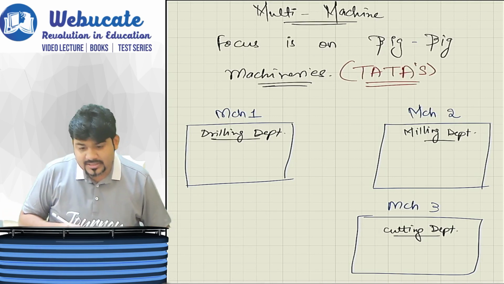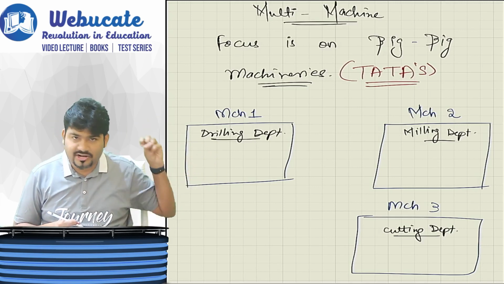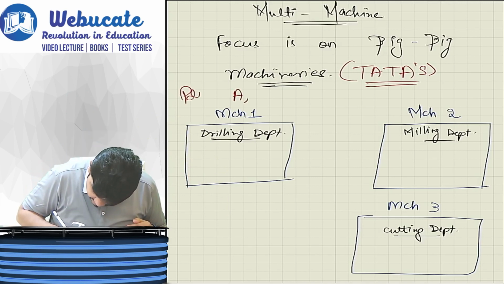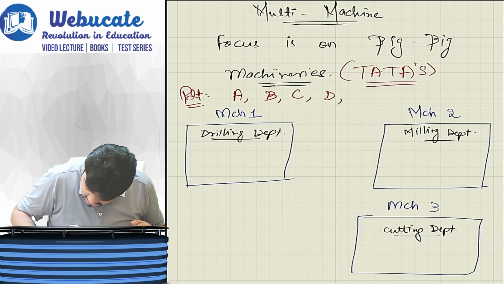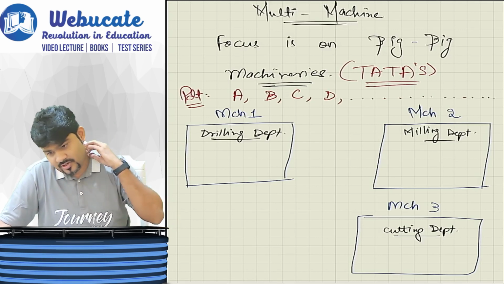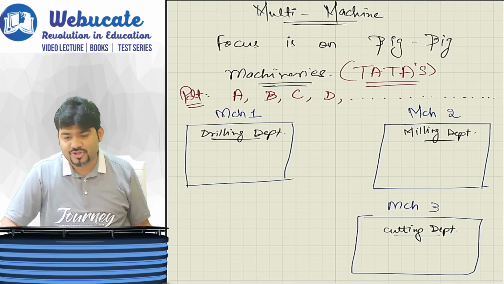So, for example, Tata's now has a manufacturing plant or factory, and they produce product A, product B, product C, product D, and so on.